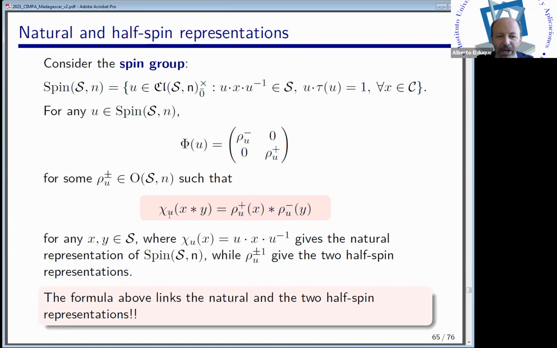Moreover, here we can permute cyclically the three representations. Okay, so this formula here links the natural and the two half-spin representations of the spin group. And this is what triality is about, that this outer automorphism of the Dynkin diagram allows us to permute these three eight-dimensional representations. Okay.